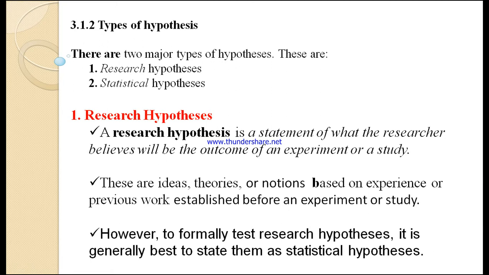Therefore, a researcher expects what will be the outcome, the finding of a study, and this expected outcome of the study or experiment is considered to be a research hypothesis.